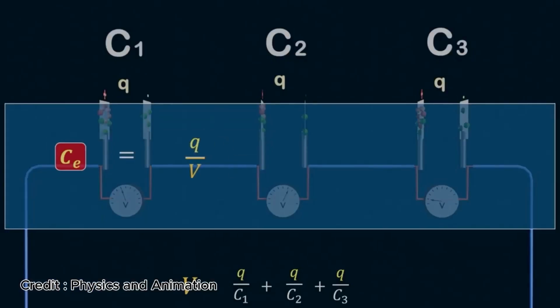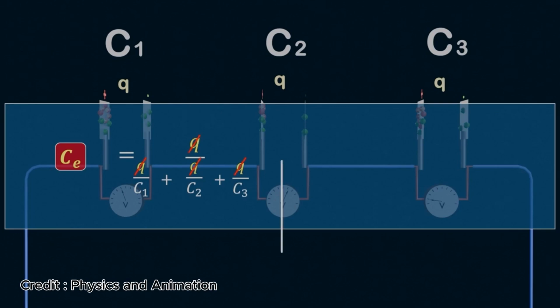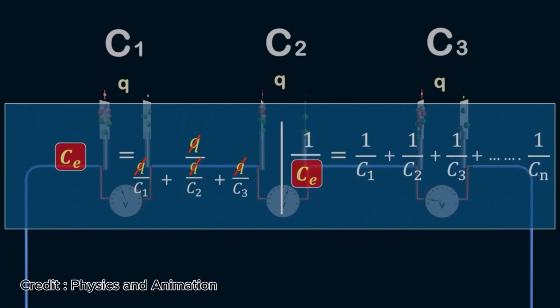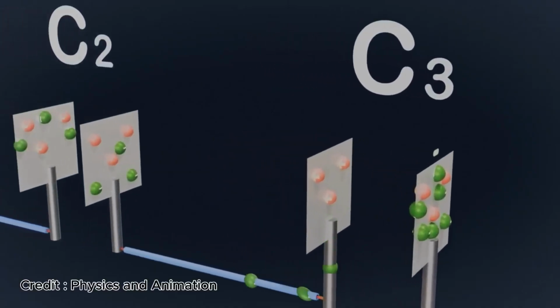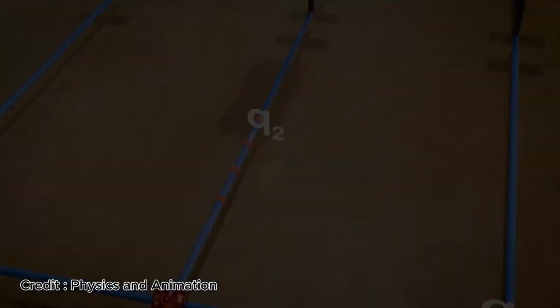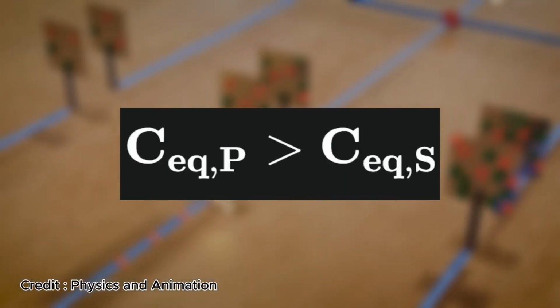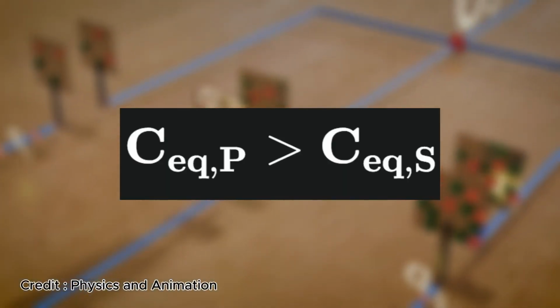In comparison, we can see that the equivalent capacitance for capacitors connected in a parallel circuit increases. Meanwhile, the equivalent capacitance for capacitors connected in a series circuit decreases. This shows that capacitors connected in a parallel circuit have higher equivalent capacitance than capacitors connected in a series circuit.